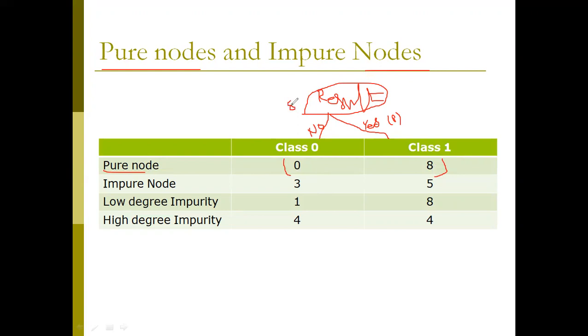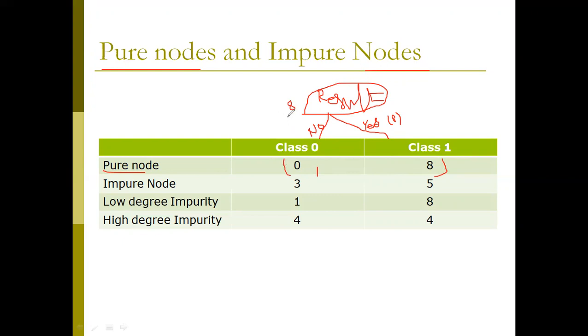Within these 8 records, if you perform the test, under class 0, the no's, you may get 0, and under class 1 you may get 8 records, which means under yes you have 8 records: 8 students passed, 0 students failed.